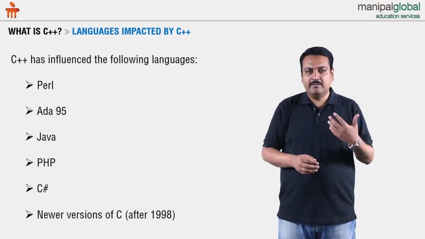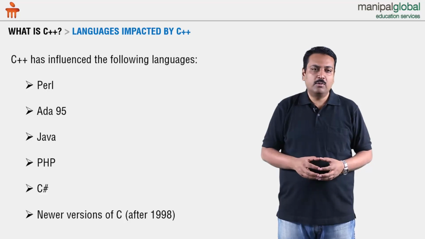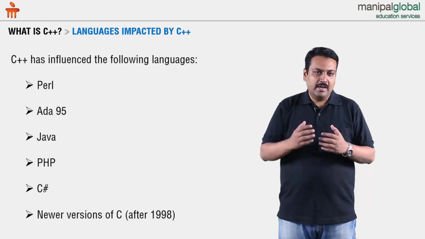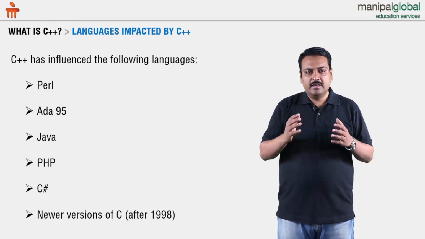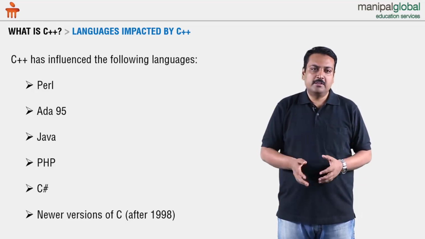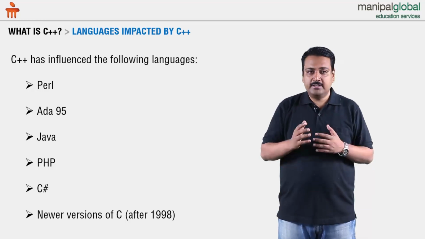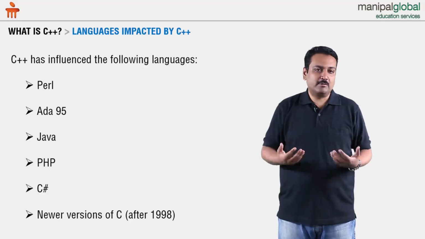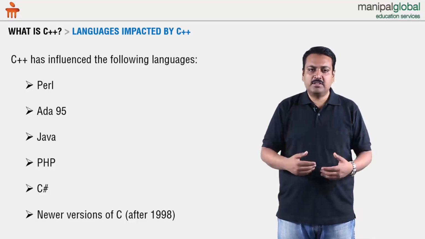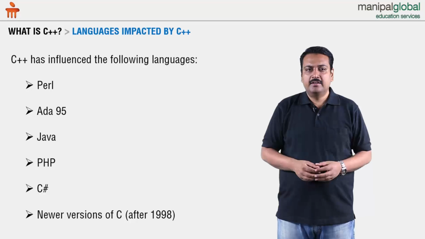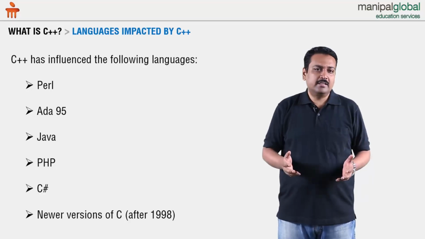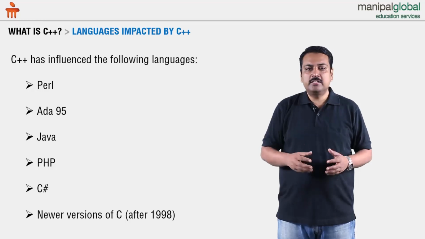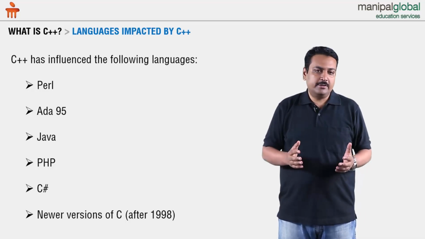Java is a language that was built over various failures of C++, but Java as a language shares many things which are common with C++. Another language that is part of the C++ family of languages is C#. C# has been influenced quite a bit by C++. There are other languages that have also been influenced like Perl, Ada, and even C after 1998.